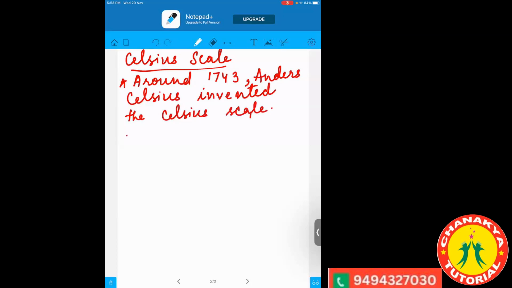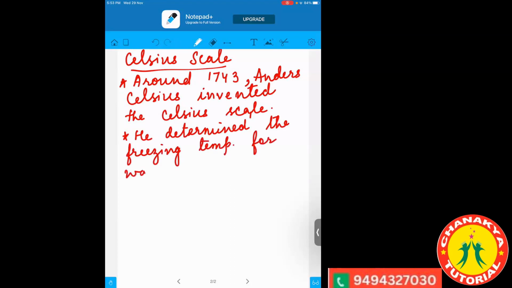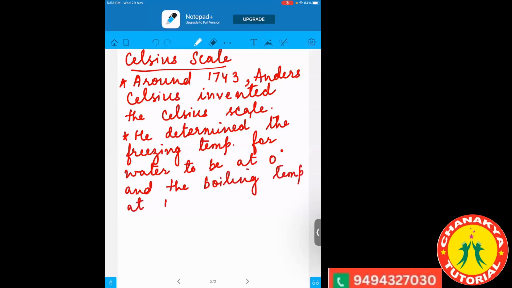Now, what he also determined was the freezing temperature for water to be at 0 degrees and the boiling temperature at 100 degrees.